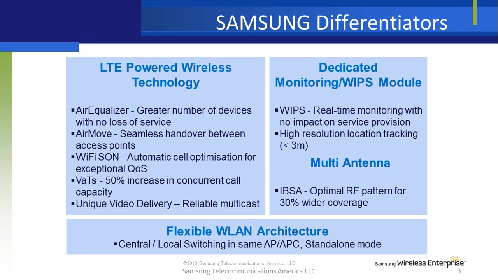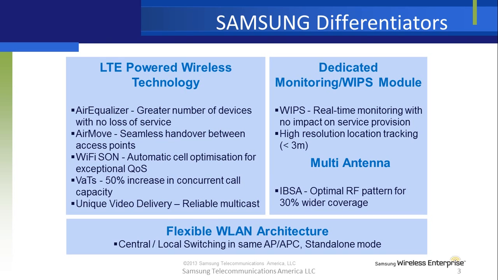So that being said, these features that you see here are essentially the core of our technology. So let's start with air equalizer. And you would have heard this term if you are in the wireless LAN space. Many of you would be familiar with what is called airtime fairness. Now, this feature, according to me, differentiates how well the WAPs perform.